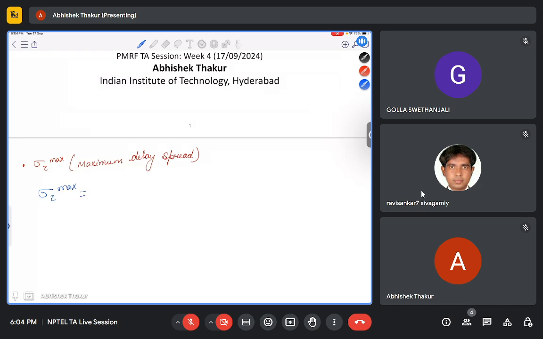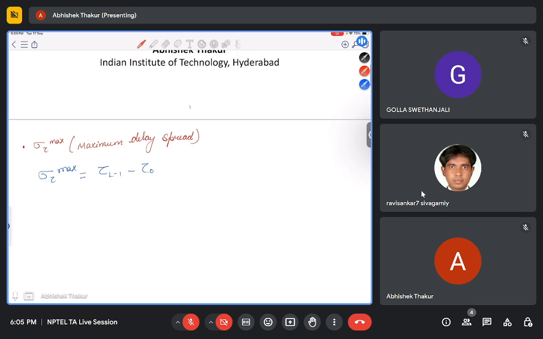Maximum delay spread was basically the time duration between the last arriving component and the first arriving component. So this is tau of L minus 1 minus tau of 0, where tau of L minus 1 is the last arriving component and tau 0 is the first arriving signal component.